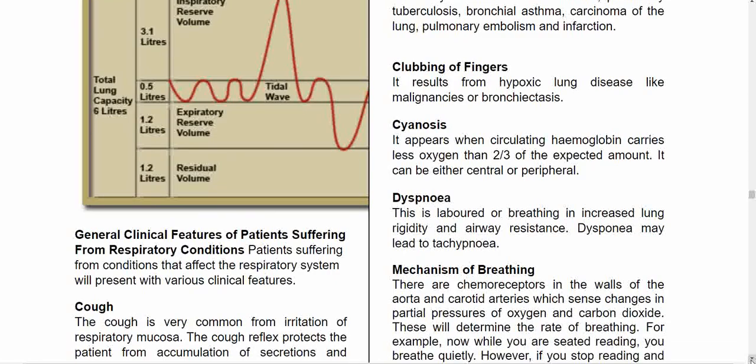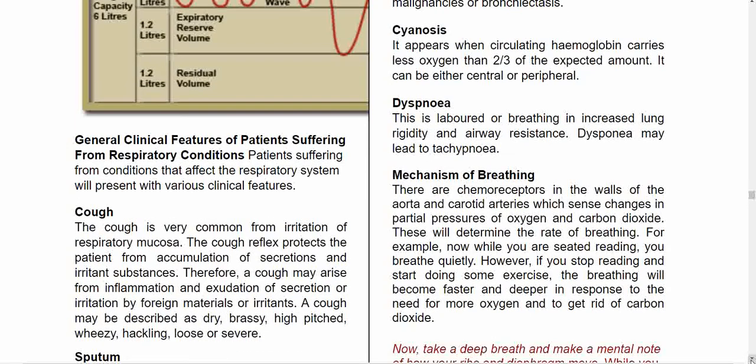Let's look at the general clinical features of patients suffering from respiratory conditions. These are what the patient will present with when they come to your clinical bench. One is the cough, which is very common from irritation of the respiratory mucosa, and the cough reflex protects the patient from accumulation of secretions and irritant substances.